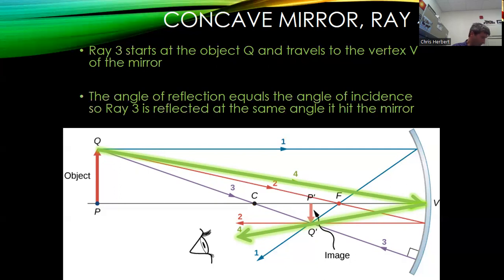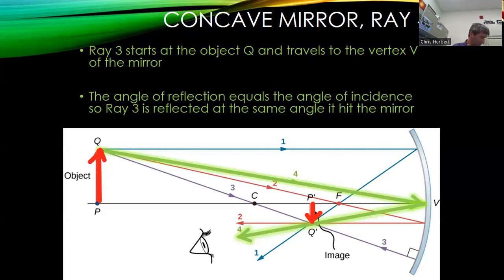And here's our object. Again, all my rays are going from the top of that object, and I'm trying to locate the top of the image because the image, okay, the image right there is going to form at the place where all the rays intersect.